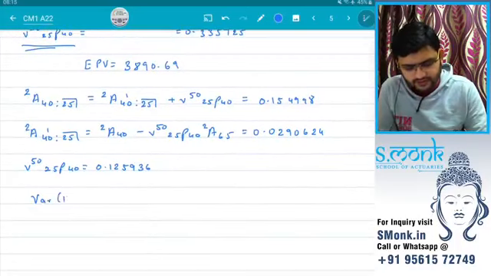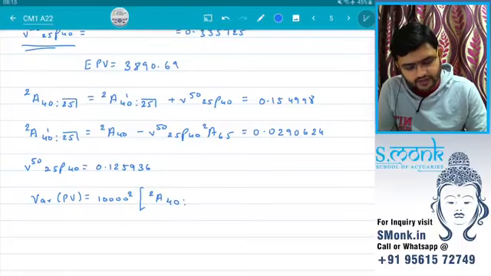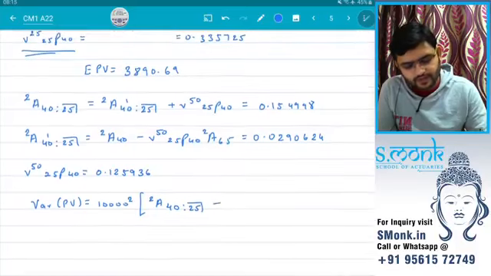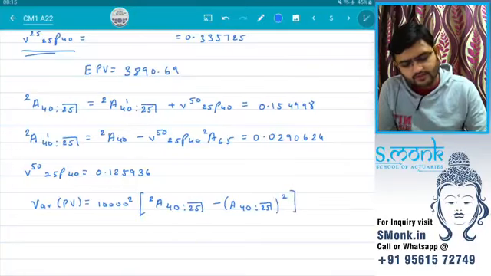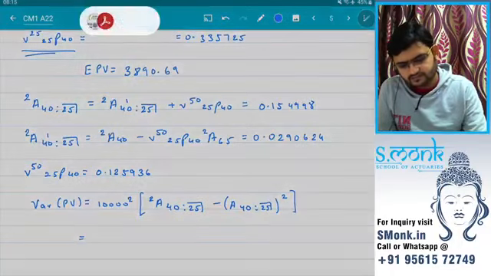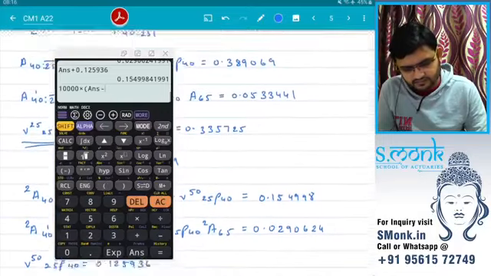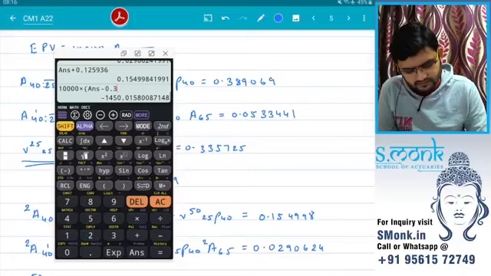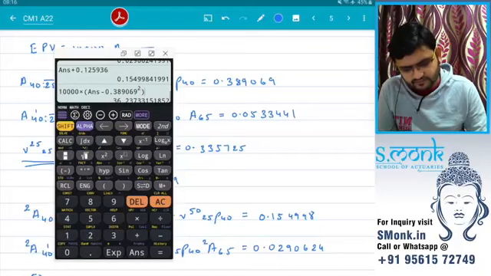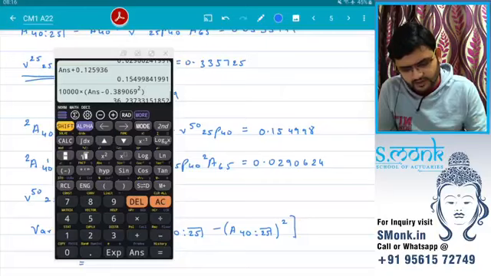So variance of present value will be equal to 10,000 squared times 2A_{40:25} minus A_{40:25} whole squared.